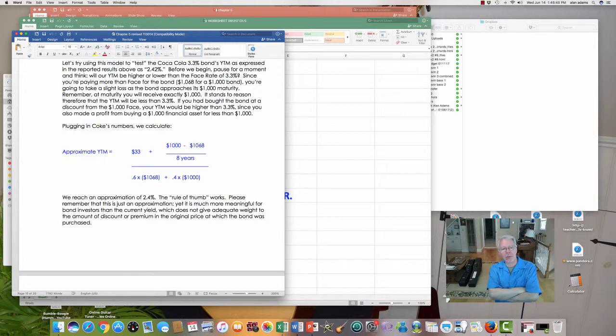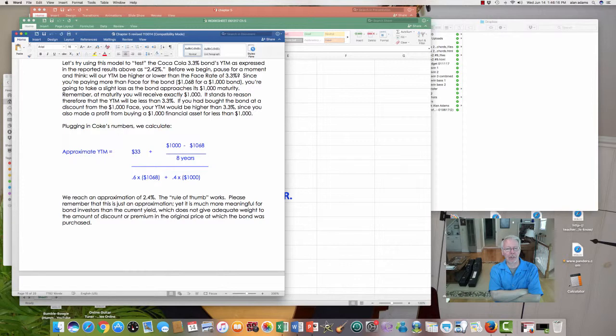The denominator is going to be the weighted average of the purchase price of the bond and the face value of the bond. We give them, respectively, a 60-40 weight. So we take how much you pay for that bond, that's $1,068, times 60%, 0.6. We take that number and add it to the other factor with a 40% weight: the face value of the bond, how much you'll get when it matures, that's $1,000. That's almost universal.